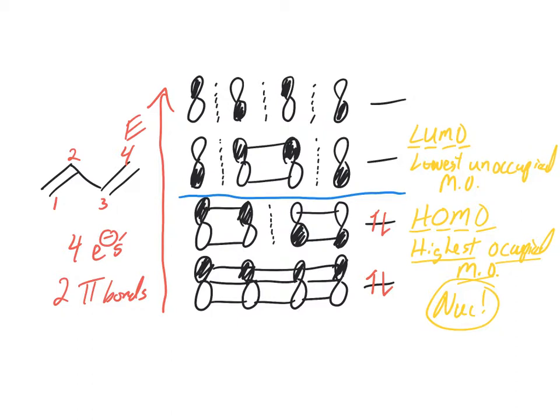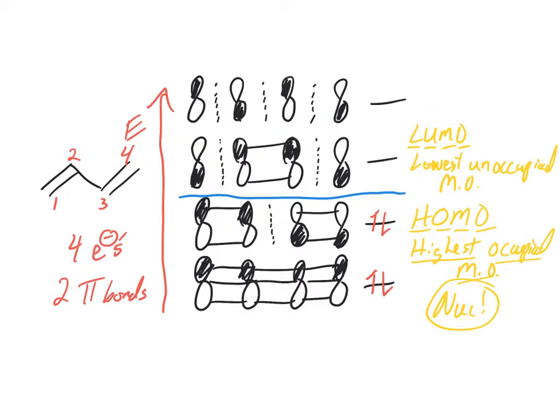That's an electrophile, right? So every bond, at some level, can be a nucleophile or electrophile depending on which molecular orbital you're using. So if you want to break a pi bond, what do you do? You put electrons in its LUMO. If you want to use a pi bond as a nucleophile, what do you do? You use its HOMO electrons, its highest occupied molecular orbital electrons. And that's the big difference in energy.